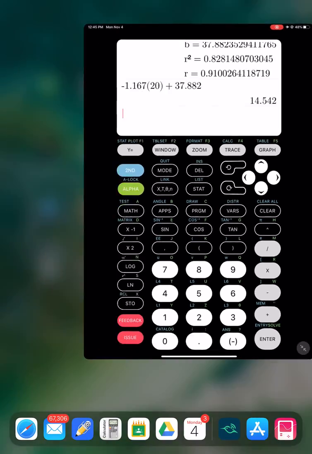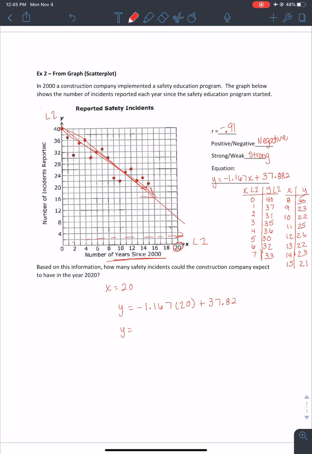So y equals 14.542. So if I want to know how many I can expect, we're not going to have 0.5 of an incident. So I would say that the company could expect 14 incidents.